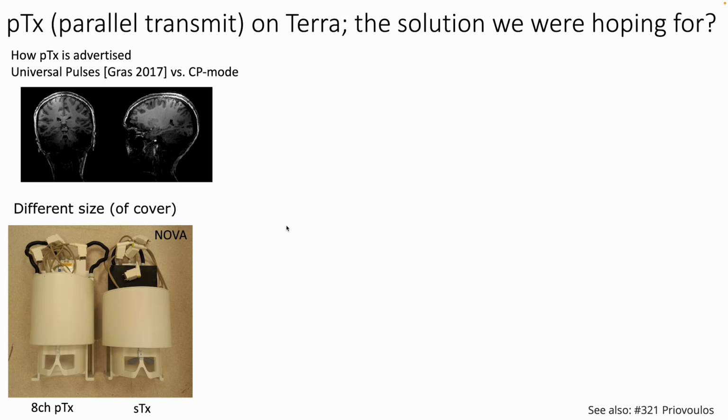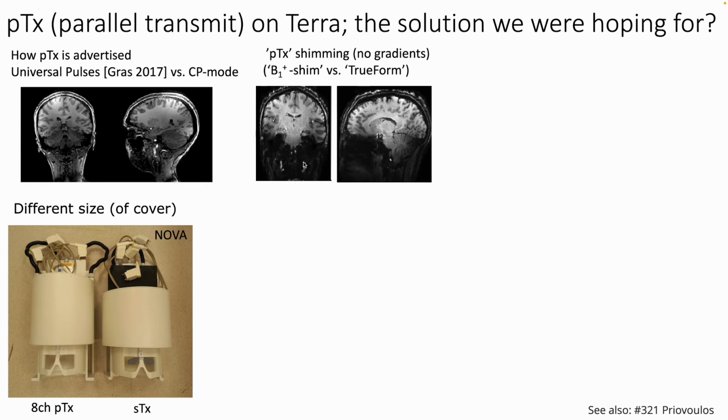So our empirical tests were a bit disillusioning though. For example, just using the B1 shim only, you can see that yes, the B1 is shifted around a bit, and maybe at the pole of the occipital lobe there's something different, but overall the cerebellum still looks dark, and the bottom of the temporal lobe still looks just as dark as before.